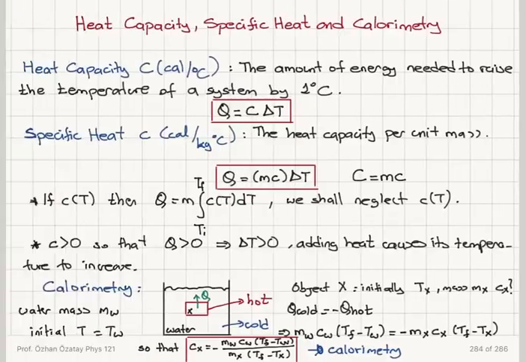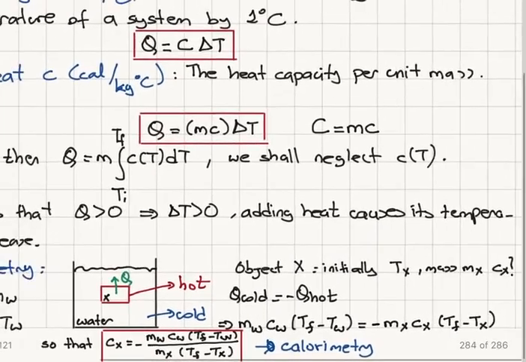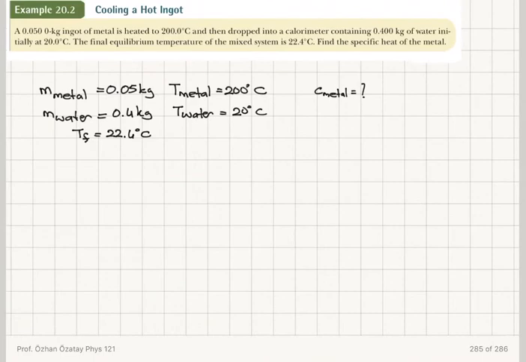Again, I have the same setup here, the calorimeter setup. So in this case, X is the metal and water is the cold object. So I have the heat absorbed by the cold object is minus the heat absorbed by the hot object. So what is the heat absorbed by the cold object?